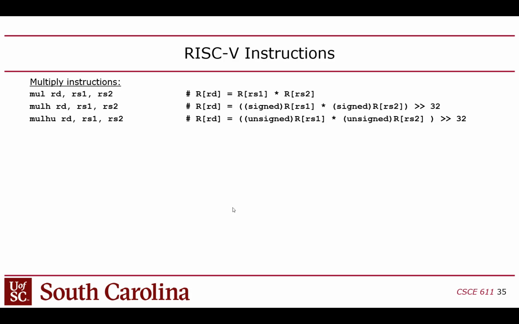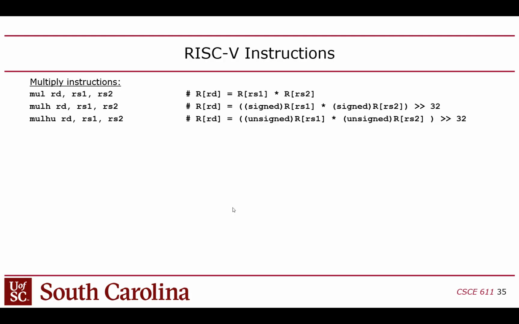So for multiply, when you multiply 2 32-bit values, the product has to be 64 bits, or else you're very likely to overflow, right? Because multiplying 2 small numbers gives you a big number. So you have to have twice as many bits in the destination as the sources.